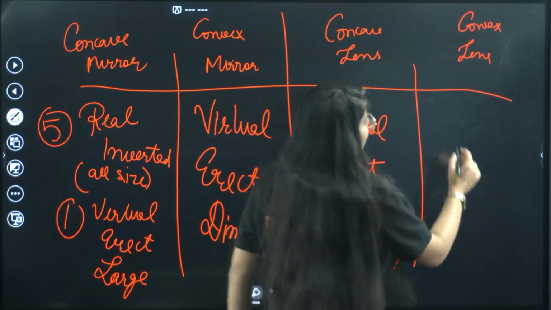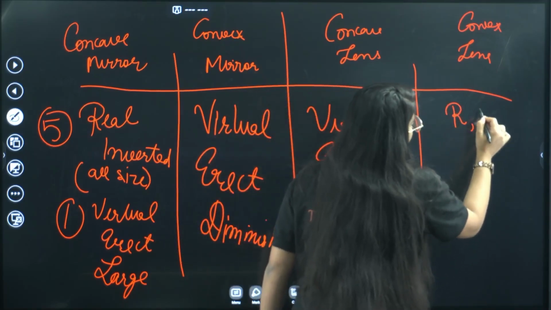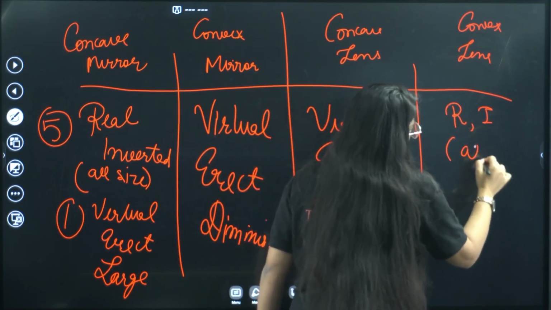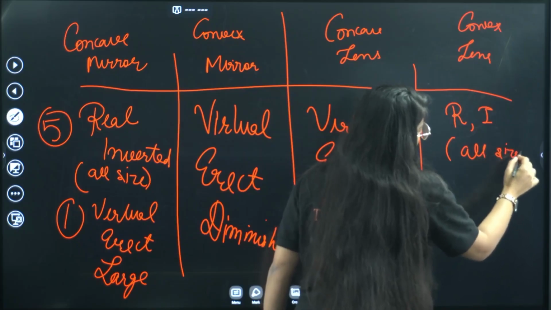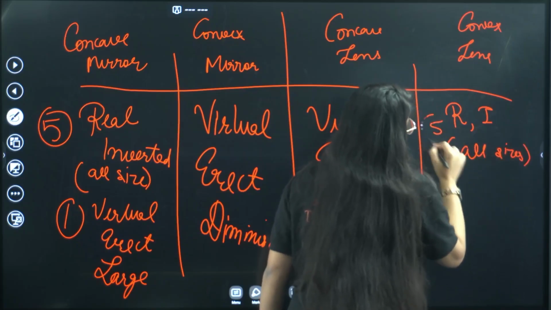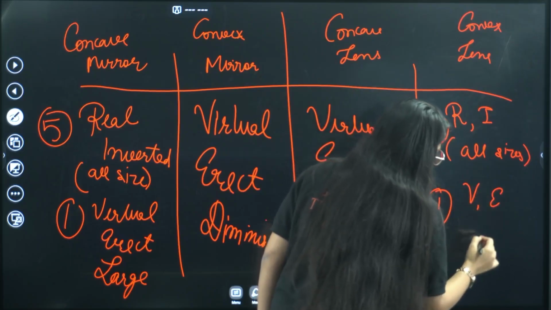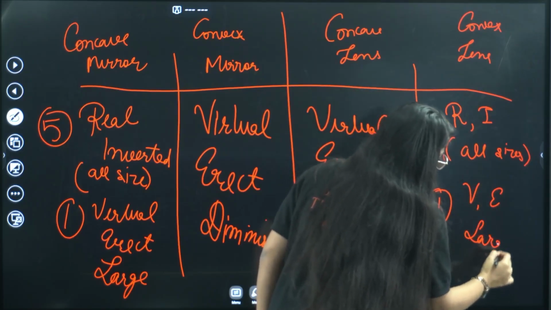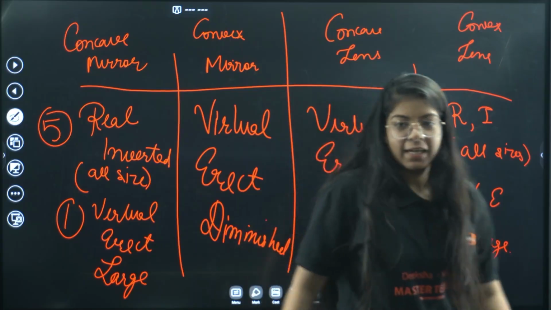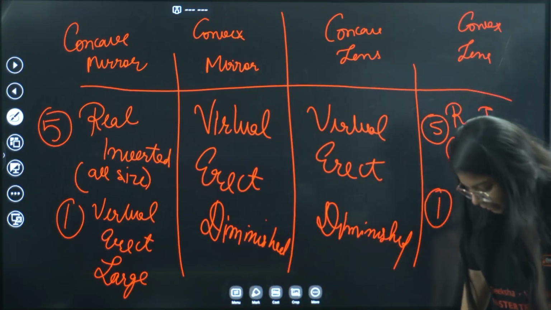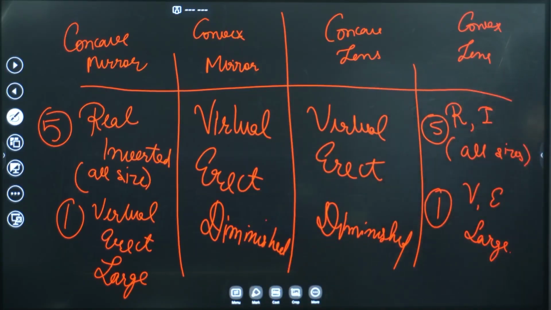Again, convex lens will make real, inverted and all sizes, but for 5 cases. But for one case it will make a virtual, erect and large image. You can take a screenshot of this and it will be very helpful for you.